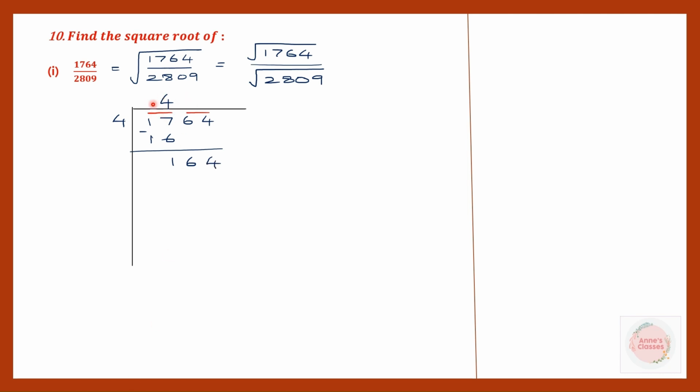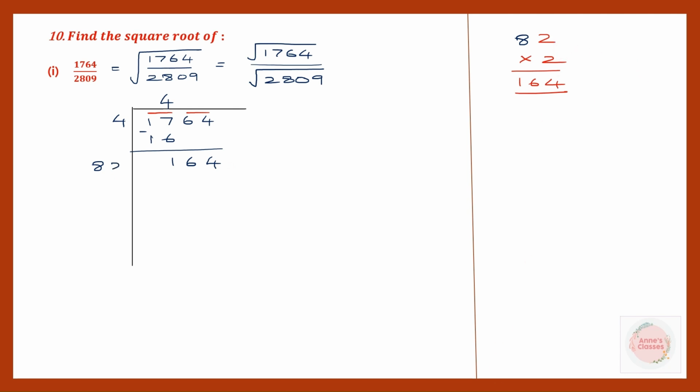Now we double this 4. So 4 into 2 is 8. Now we put a digit next to 8 to get a number close to 164. So let's try, let's put 8 and next to it let's put the digit 2 and multiply by 2. 2 2s are 4, 2 8s are 16. So we've got 164, the same number as this. That means next to 8 we have to put the digit 2.